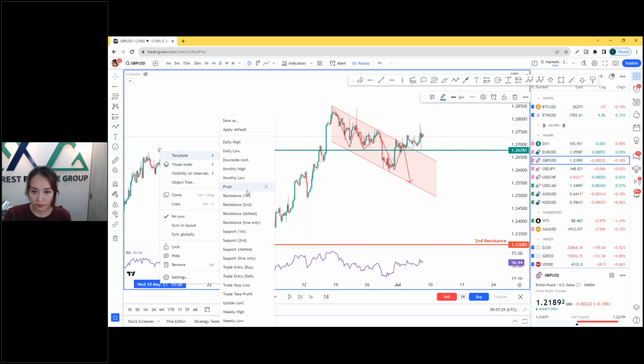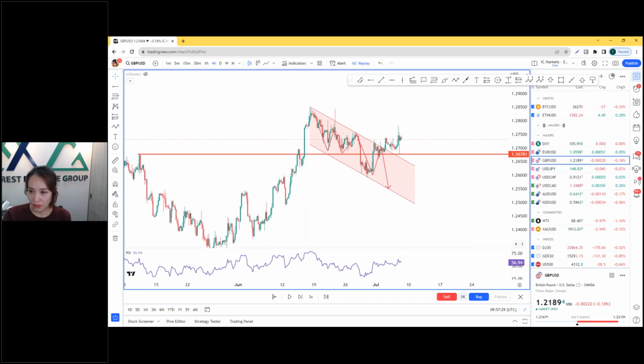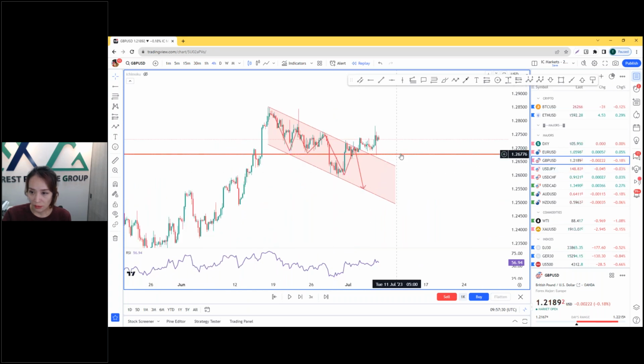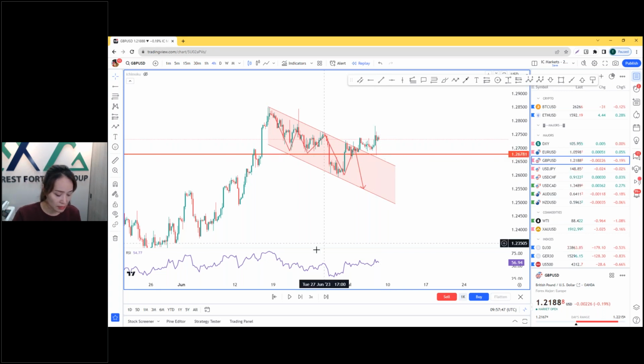Somewhere here, maybe I just put the resistance level. Within here, price breaks out of the bearish channel line, and then comes back and retraces to the resistance level as well, and then boom, it bounced off from this level, and then it almost touches your descending trend line as well.